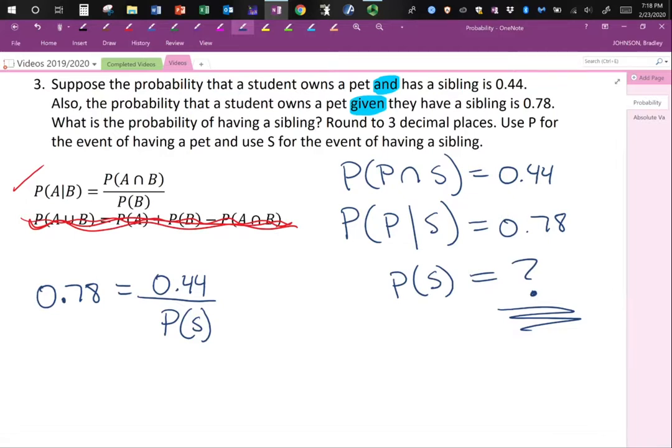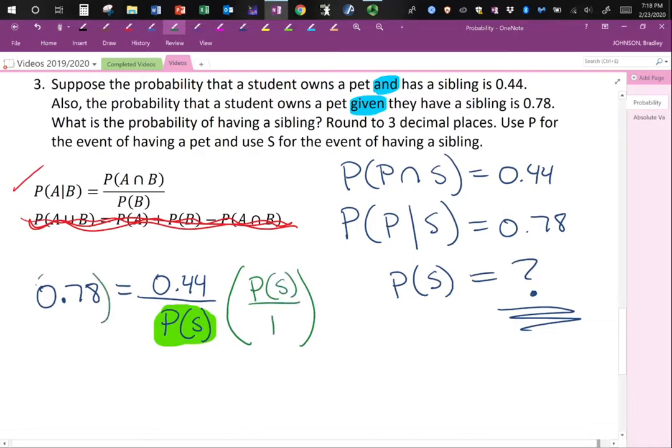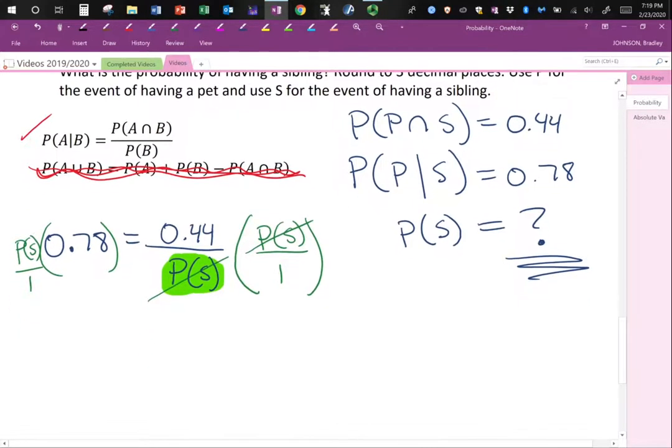Now we need to get probability of S. We need to somehow solve for this. To solve for it, we need to do some manipulating and moving around. Well, I am going to multiply both the left-hand side and the right-hand side by the probability of S. And if you do that, then the right-hand side, you can see probability of S divided by the probability of S would give you 1. So now my right-hand side is just 0.44. My left-hand side would be the probability of S multiplied by 0.78.